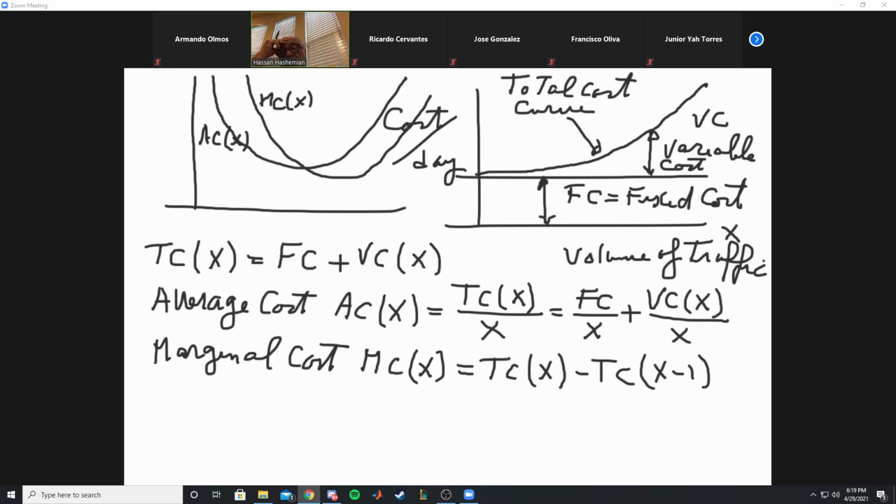Just look at the example that I just gave you. If the guy gives you one more pencil for free, which means your marginal cost is 0. Your average cost was 10 cents, correct? If he gives you that extra pencil for free, what would be your average cost? Like 9 cents.